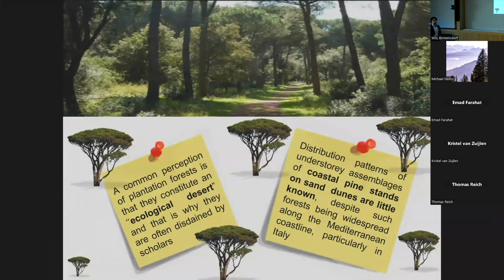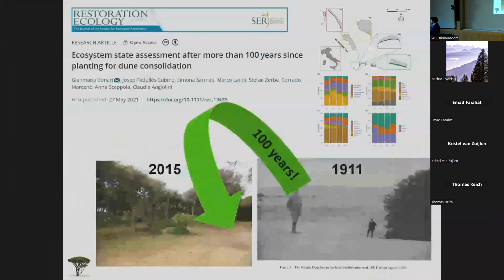So we wanted to really understand this ecosystem and understand whether these were true biological deserts or not. A couple of years ago, we made a study where we compared, of course, we didn't have the past data, so we built up a comparison system of protected areas nearby with similar environmental characteristics.